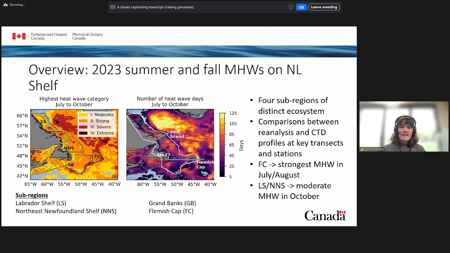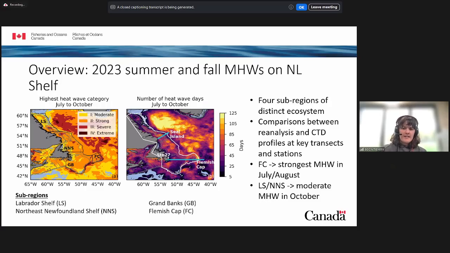This is Seal Island in the north and the Flemish Cap in the south. Those temperature and salinity values from GLORYS12 are compared with data collected under AZMP, which samples these transects up to 3 times a year. In addition, Station 27, which is marked by the white circle, is a high frequency sampling station. It offers another point of comparison between observations and reanalysis.